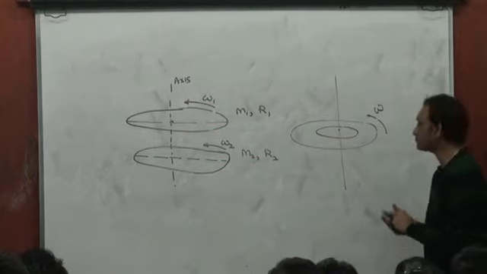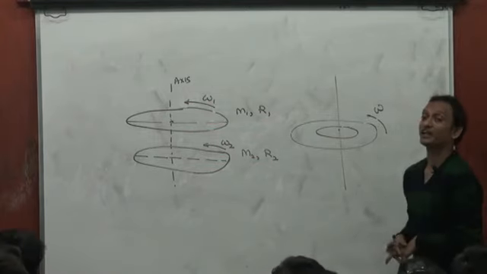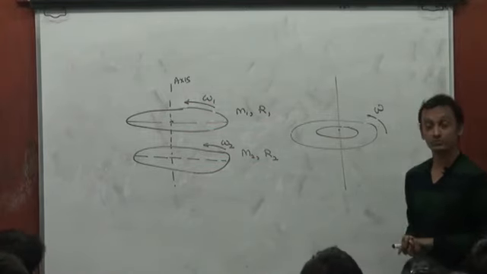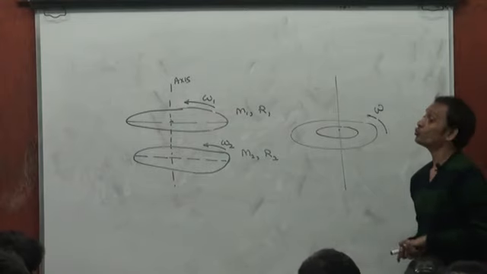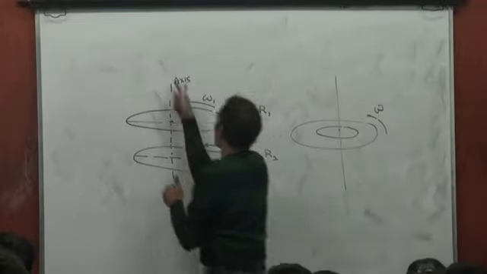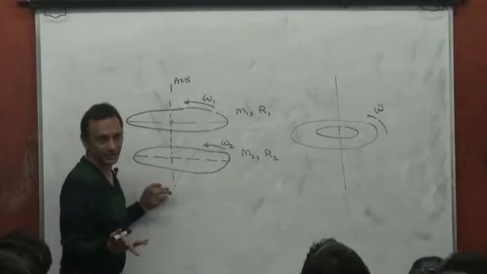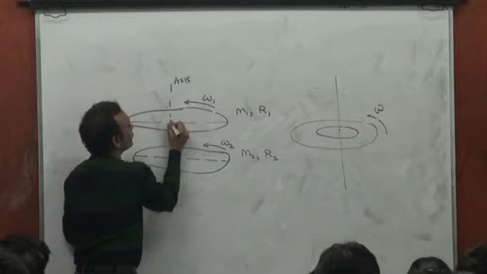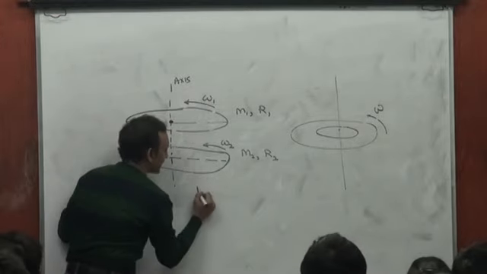Right? Now, are there any external forces acting on the system? So, there are no external torques. So, the angular momentum about the axis must remain conserved. What's the initial angular momentum of the system about the axis?